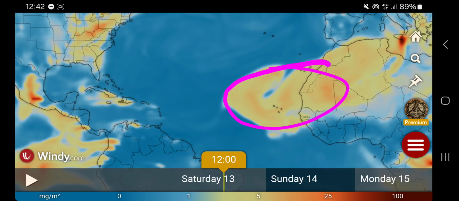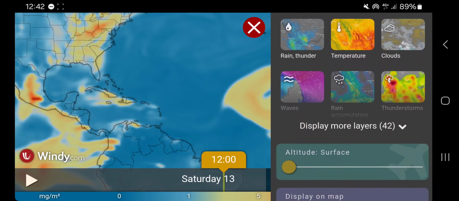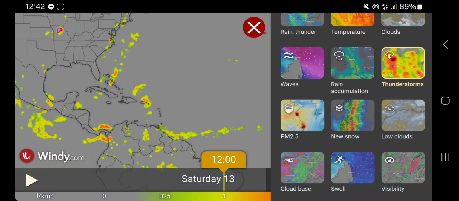If this plume would be sand from the Sahara, there probably wouldn't form any hurricanes because of the sand. Maybe there is also sand. Let's have a look at that. Do we have sand? Do we have particles somewhere here?